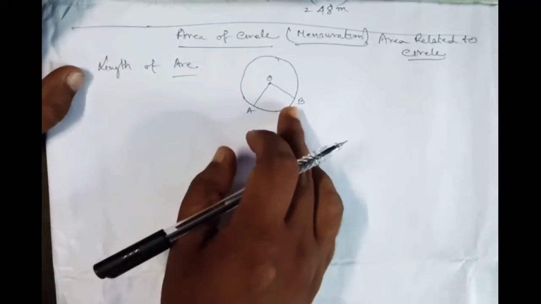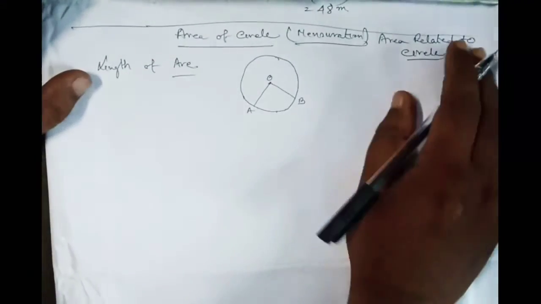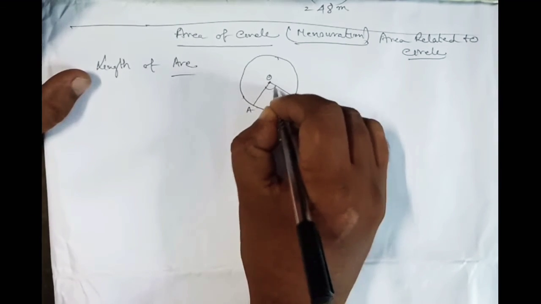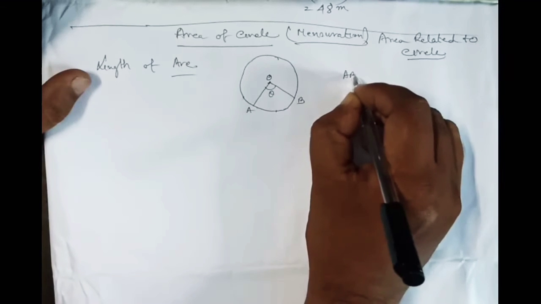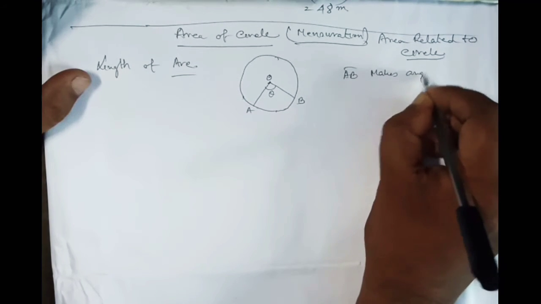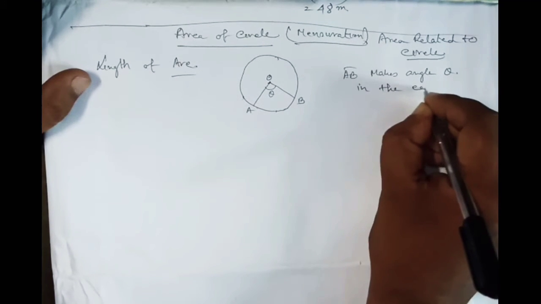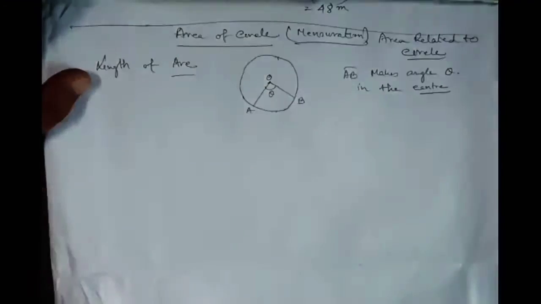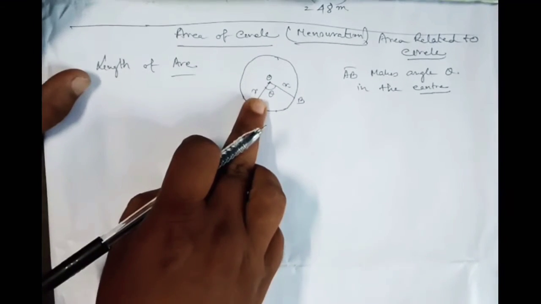Now if we take that AB arc makes an angle theta in the center, and the circle has radius r.